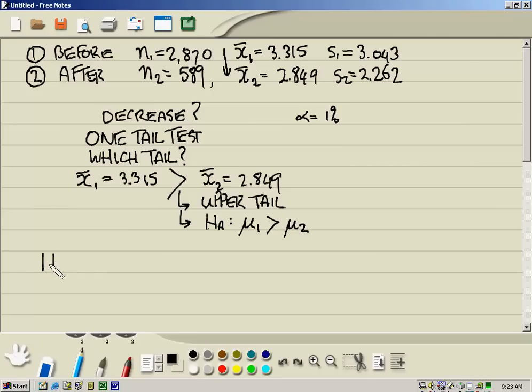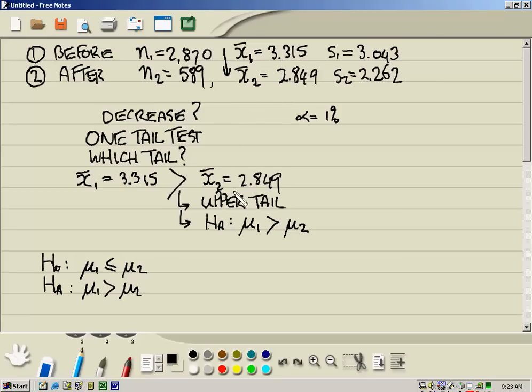Alright, so now we're ready to write down both the hypotheses and short descriptions. So the alternate mu1 greater than mu2, the null mu1 less than or equal to mu2. As pointed out earlier, in the sample there's a decrease in the average from about 3.3 to 2.8.